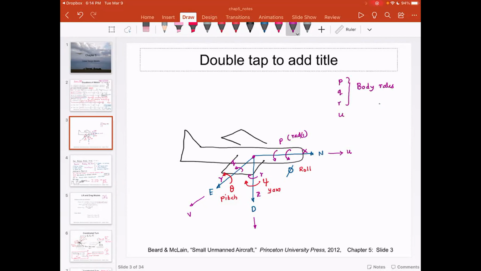Then we have u, v, w. These are the body velocities. And let's not forget, we have roll, pitch, and yaw. These are the attitude, or also the Euler angles.